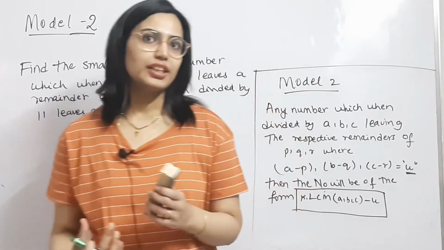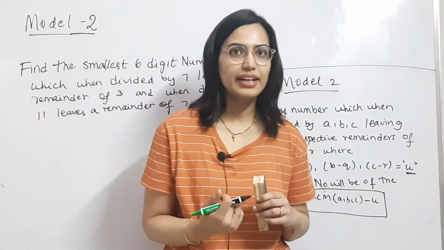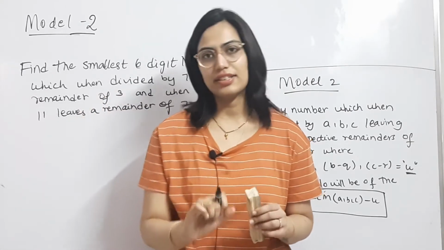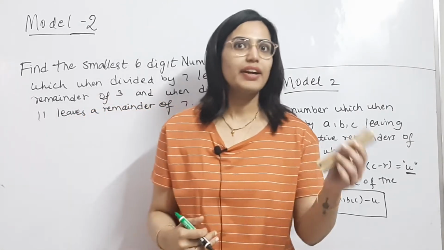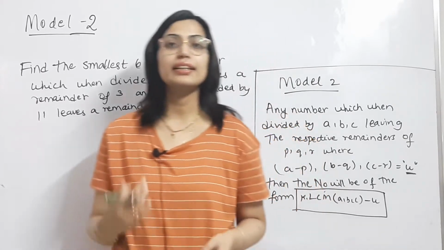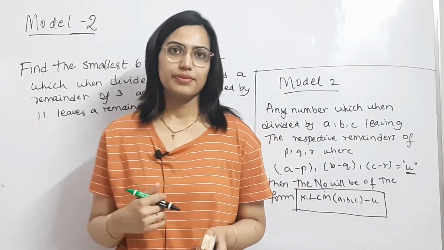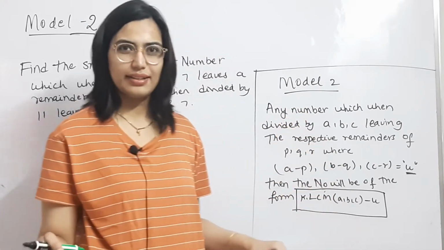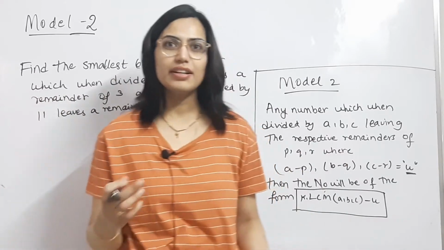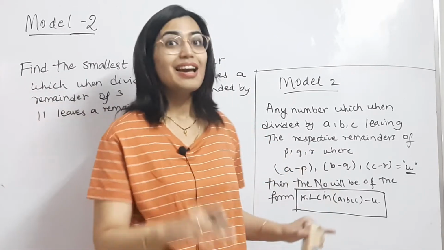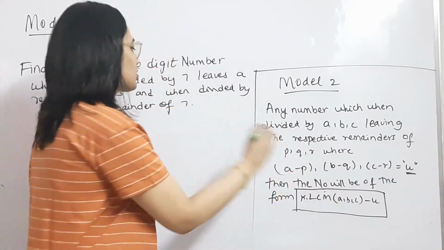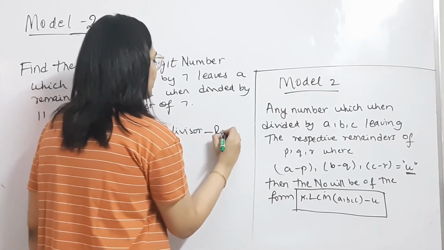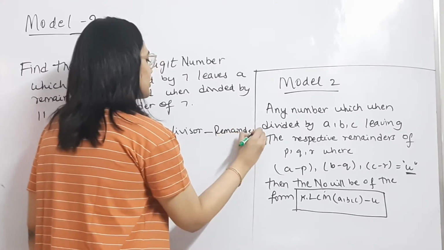In model 2, what they'll give you is divisors, right? You need to find the dividend n, but they'll give you 3 or more divisors. They'll say that in each case, when you divide n by one divisor, you will get a different remainder. So when any number, for example n, is divided by A, B, C, it will leave different remainders P, Q, R, but the difference between the divisor and the remainder is the same in all 3 cases.